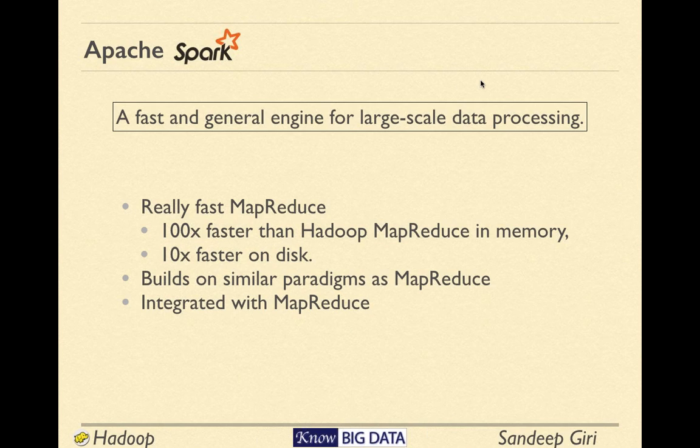So it's more like a compute engine. It's really fast in the sense that if it is done in memory, it is 100 times faster than what Hadoop's batch job does, and 10 times faster when it's on disk.